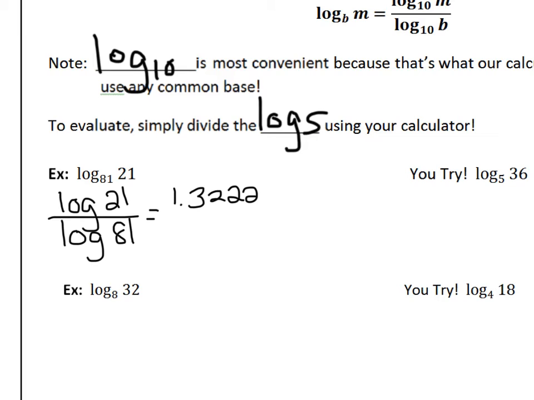Now, obviously there's more to it, but that's an approximation. So once you get that in your calculator, you know you're doing this correctly. And then the same thing, log of 81 is 1.908, and then more digits. So then we're going to divide these two numbers.